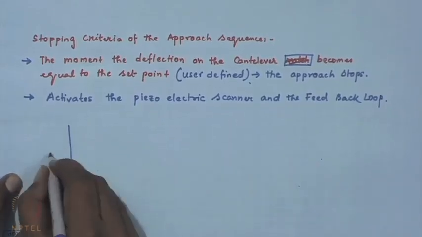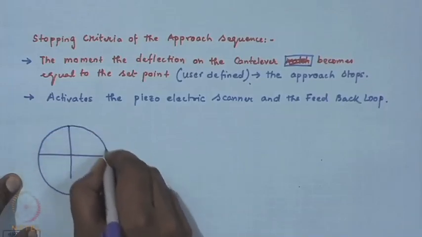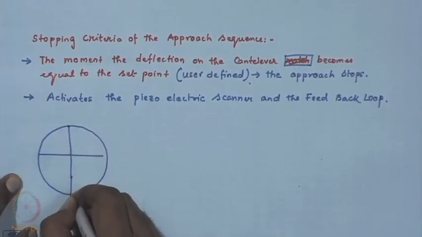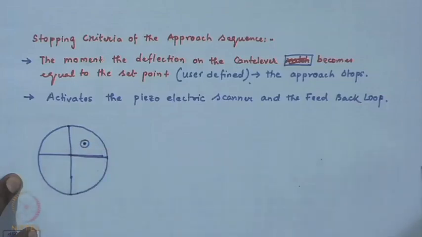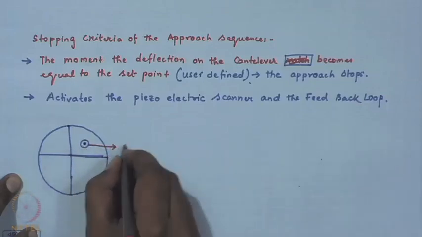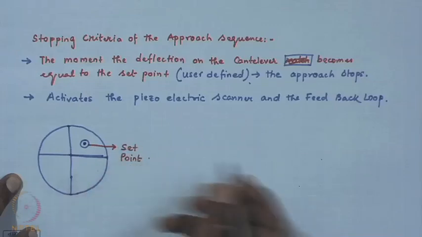the feedback loop will generate an error based on the set point. We will see it in the immediately preceding discussion.